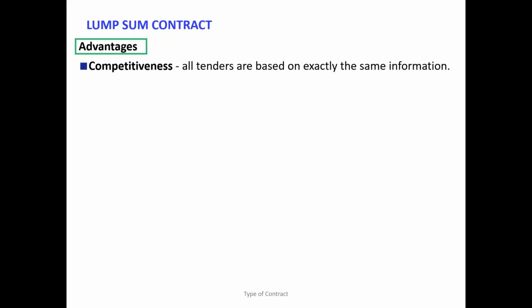You have to give the complete information. That means you are defining the scope of work. So all the bidders, all the contractors pricing for the lump sum, will price with the same information. When they have competitiveness, the client gets the best price because of the competition between the bidders.